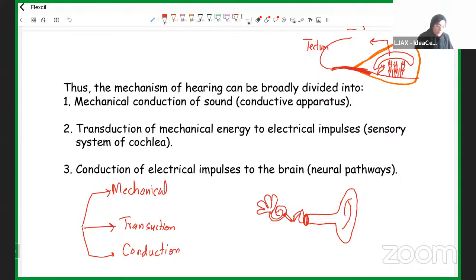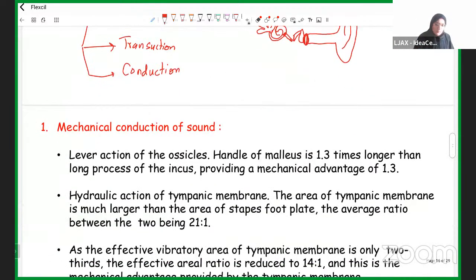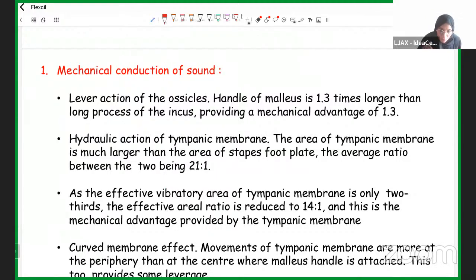So first, the sound will enter. Then the mechanical energy will be transduced to produce electrical impulses in the cochlea. And then it will conduct those electrical impulses to the brain. Now, we'll just have a brief read through this.